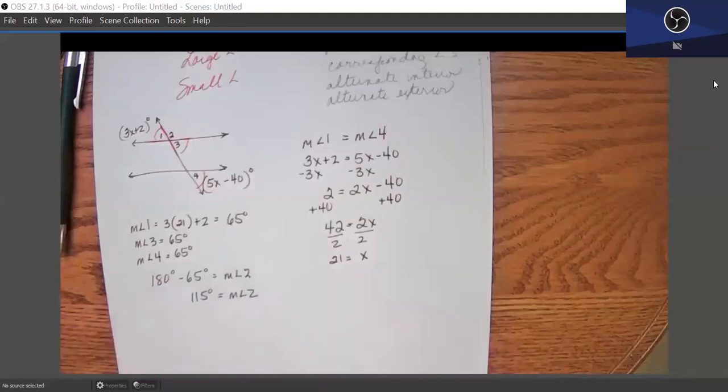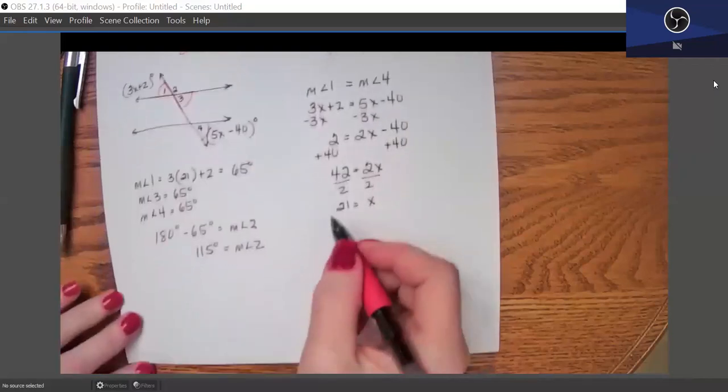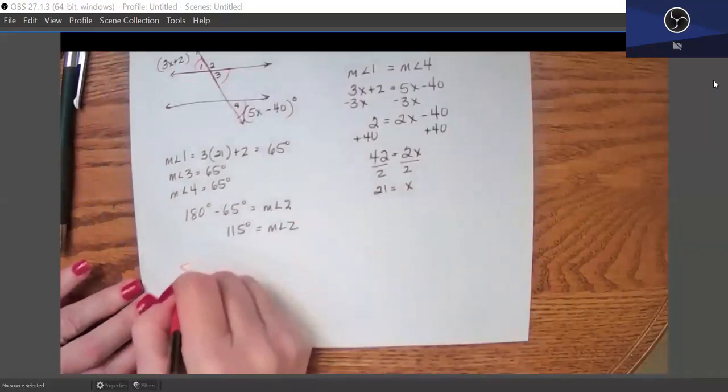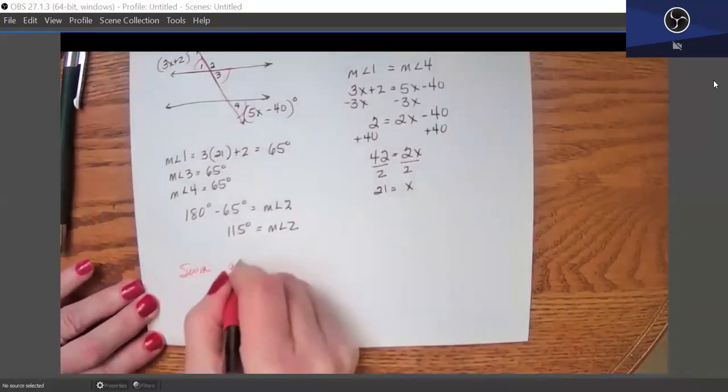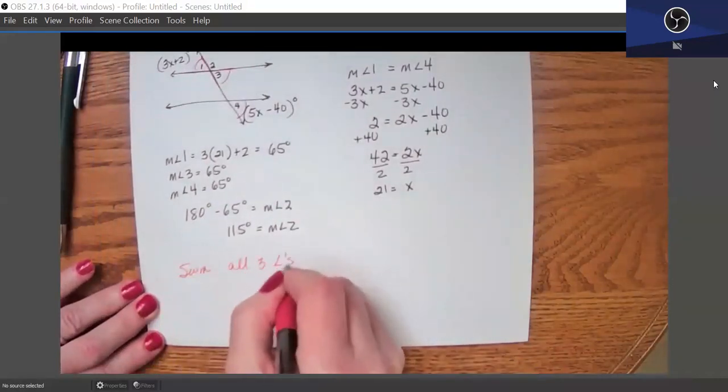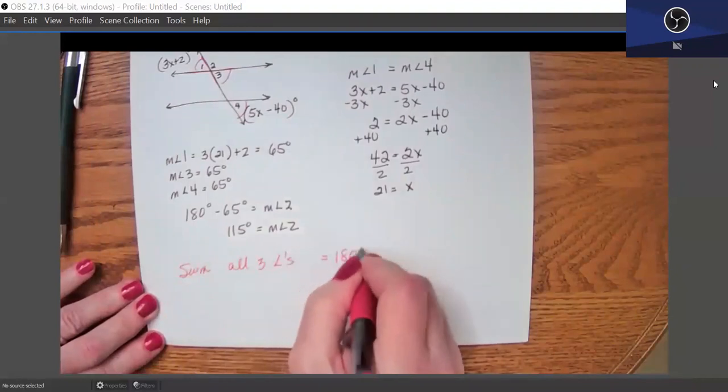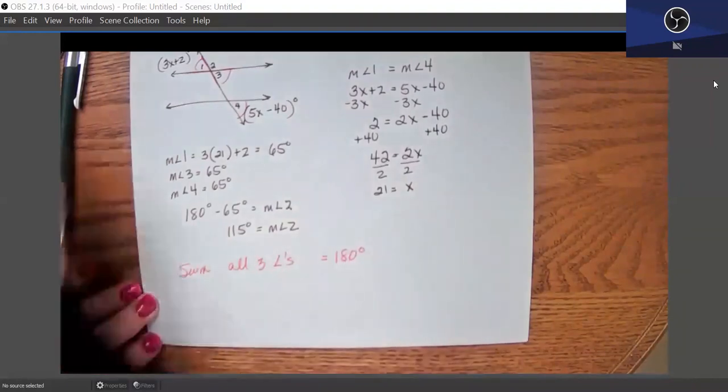Some other properties of triangles, or some other properties that we're going to use in trigonometry, is the property of a triangle that the sum or the total of all 3 angles will always equal 180 degrees for a triangle.